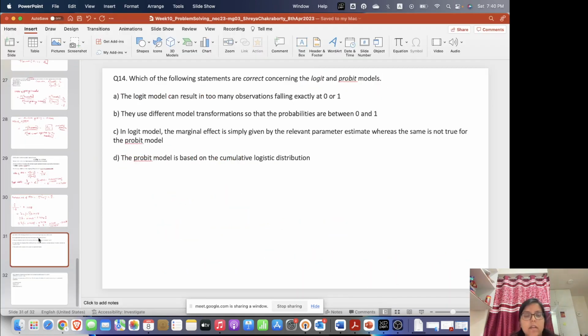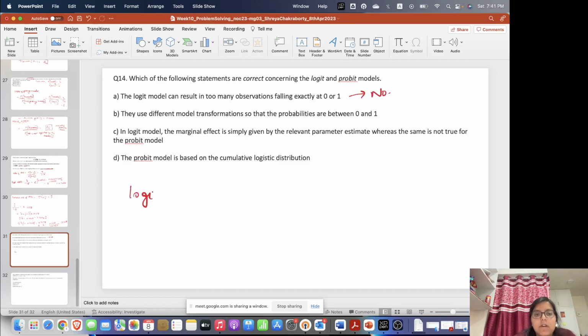The question is, which of the following statements are correct concerning the logit and probit models? The first one: the logit model can result in too many observations falling exactly at 0 and 1. Is it true? No. Why?